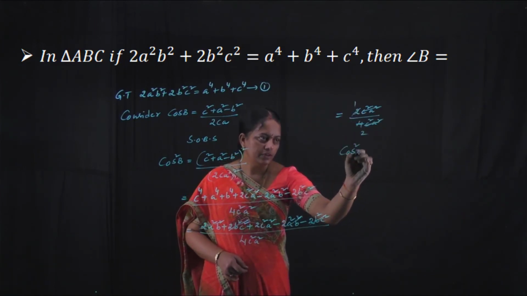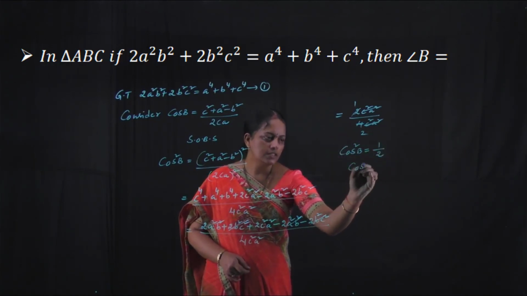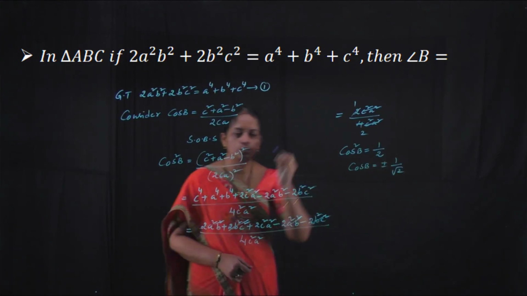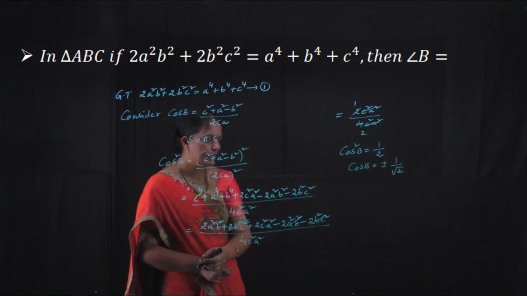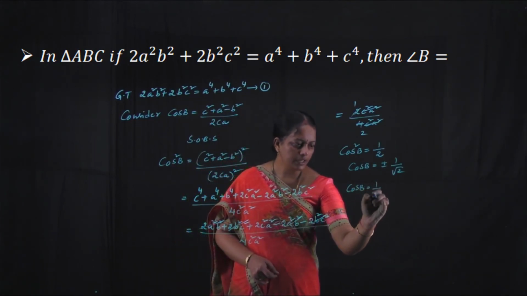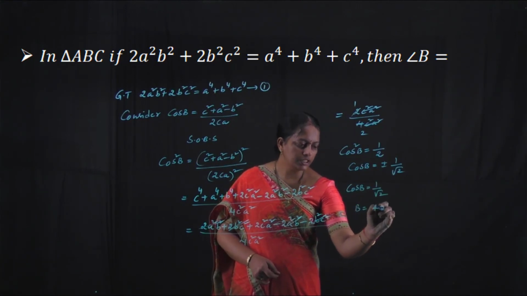So finally we get cos square B is equal to 1 by 2 and cos B is equal to plus or minus 1 by root 2. If cos B equals 1 by root 2, then angle B is equal to 45 degrees.